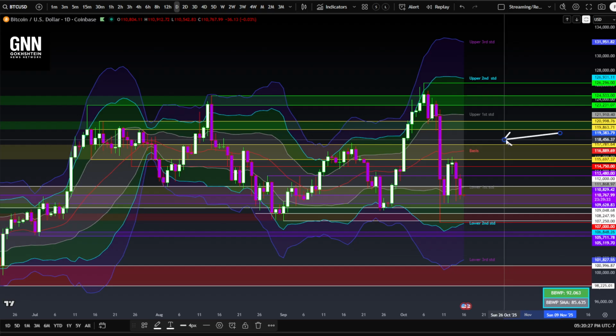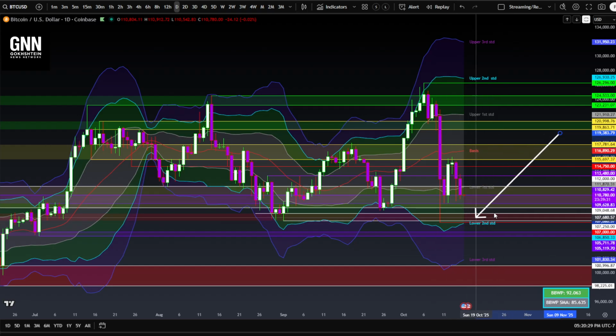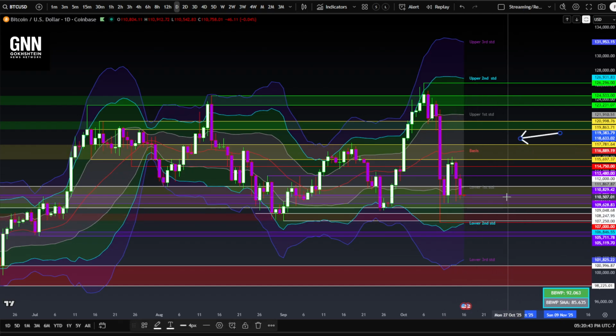Even if we did see another move to the downside, beware that even if it swung lower and hit some of those downside targets like 105, that it bounces back. If it bounces back up above that lower second, it's more likely to reverse and try to mean revert back up, get a compression and then expansion from there. Because you need to see really wide set bands like this, when it's a range it tends to cause more of a range.